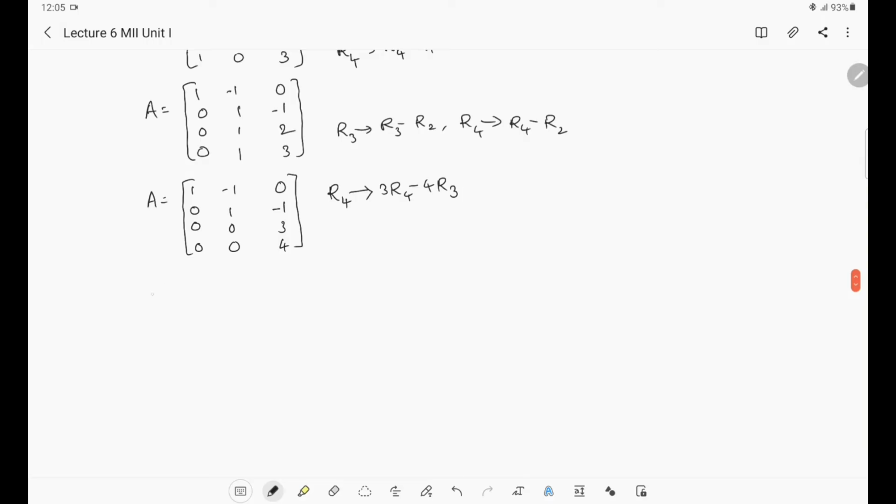Then this matrix A will reduce to, first 3 rows as they are, 1 minus 1 0, 0 1 minus 1, then 0 0 3. So last row will become 0 0 0, right? Now it is in row echelon form.